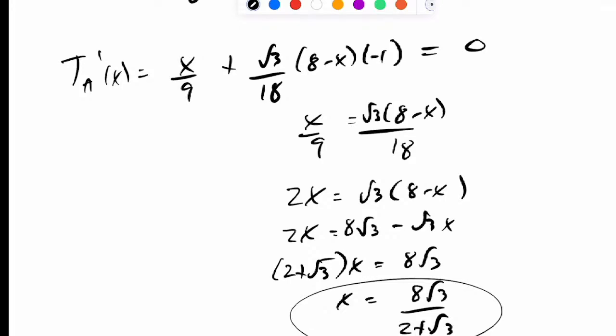And I get that value for my x value. I'm getting like 3.71 approximately.